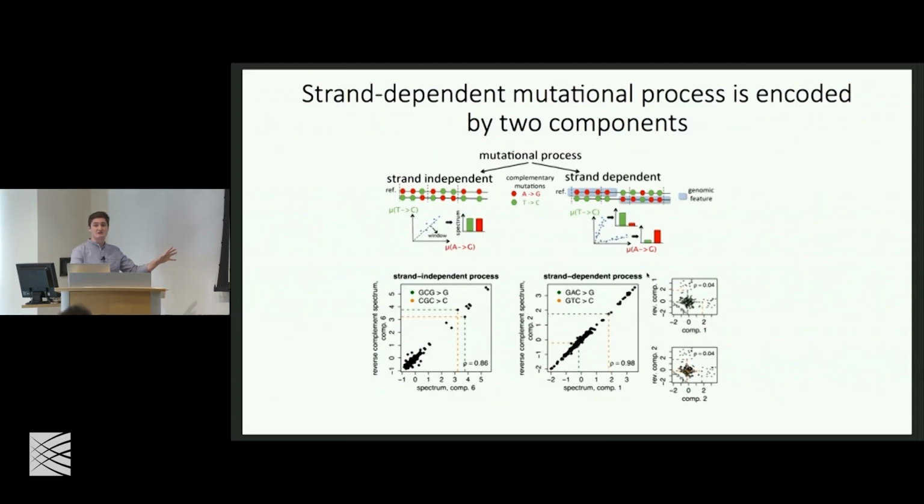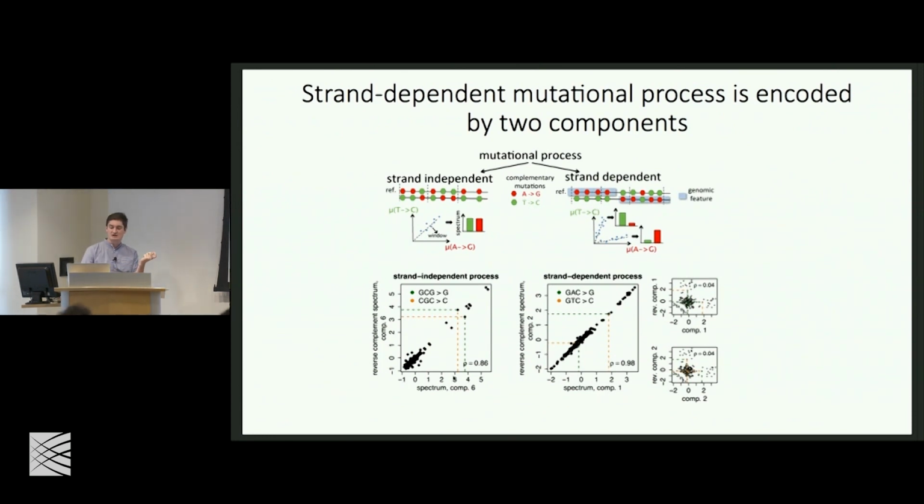Yeah, but coming back to the strand dependency, this is actually a core statistical procedure here. What does it mean that a process is strand independent? As I said, it means that it has identical rates of complementary mutations, and we can easily check it by looking at components.